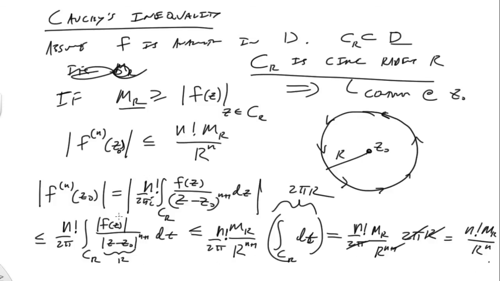So now we have a bunch of results, all involving Cauchy's integral formula and a bunch of implications that really complete our full understanding of what analytic functions are. So analytic functions have all orders of derivatives that are also analytic. So taking derivatives, you can never leave analyticity.